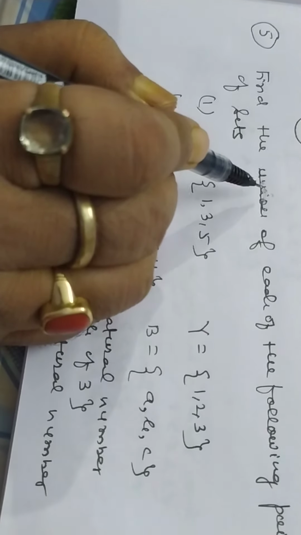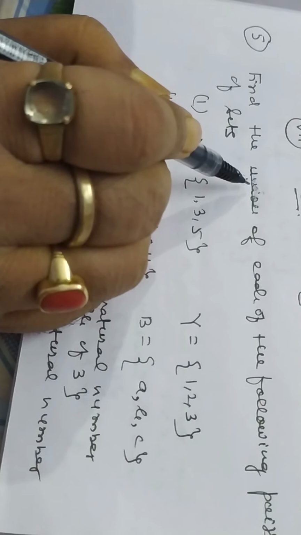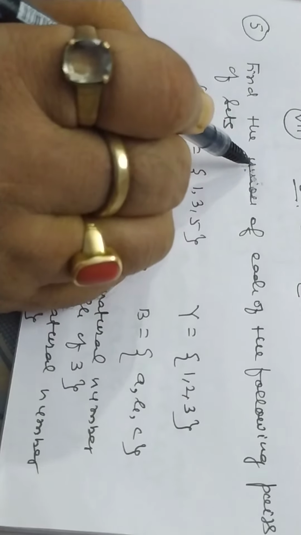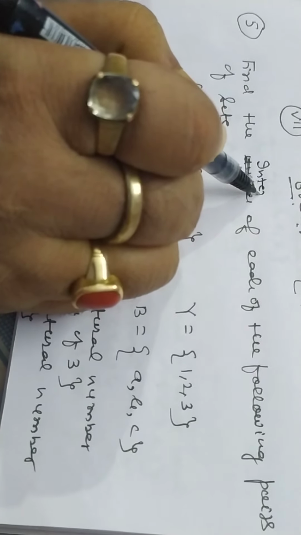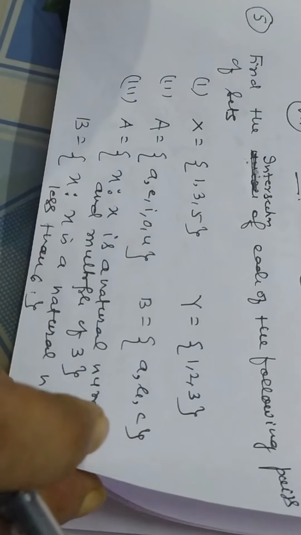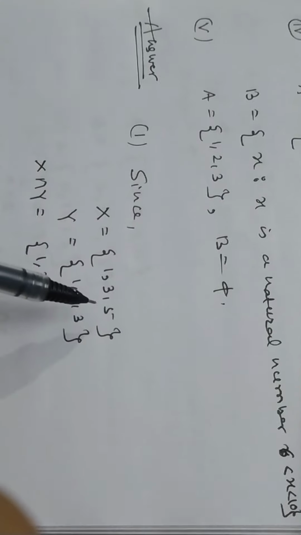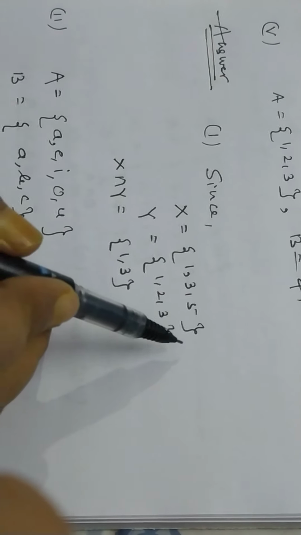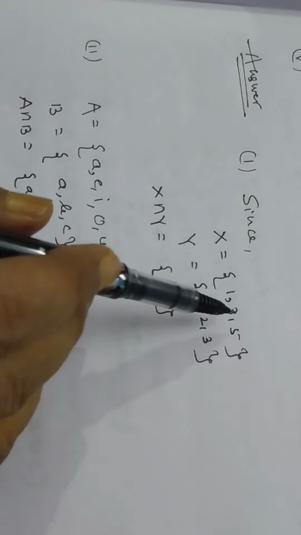Yes, my dear students, sorry, here in problem number 5, we have to find the intersection, not the union. Intersection of each of the following pairs of sets. So now the answer will be: since X is equal to the collection of elements 1, 3, 5, and Y is equal to 1, 2, 3, so 1 and 3 are common.